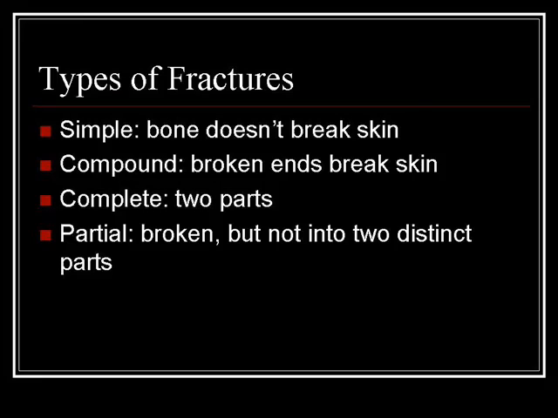The first one is a complete fracture, and this describes when a bone is broken into two distinct different parts. It's completely broken, if you will, a complete fracture. And the counter to that is a partial fracture. There's some sort of break, but it's not into two distinct parts.